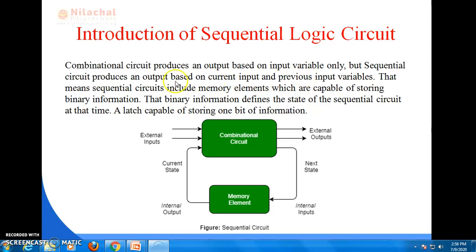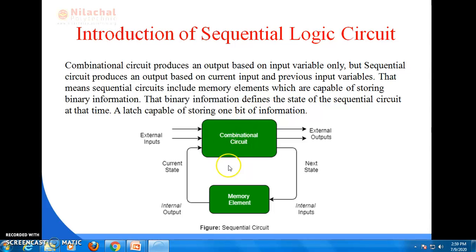That means sequential circuits include memory elements which are capable of storing binary information. That binary information defines the state of the sequential circuit at that time.